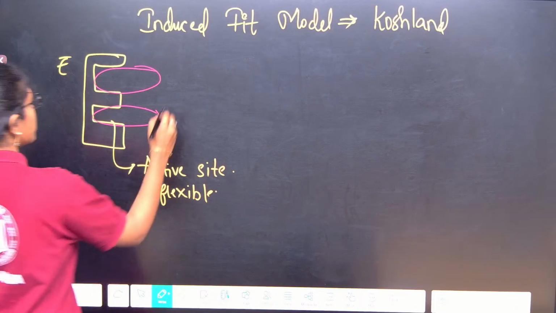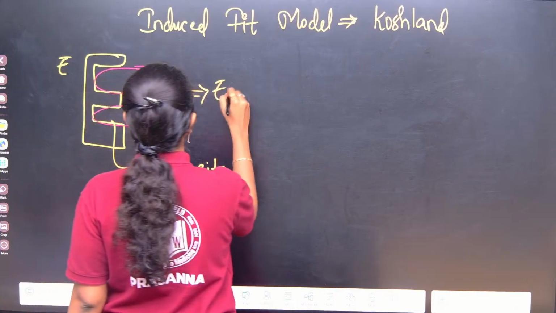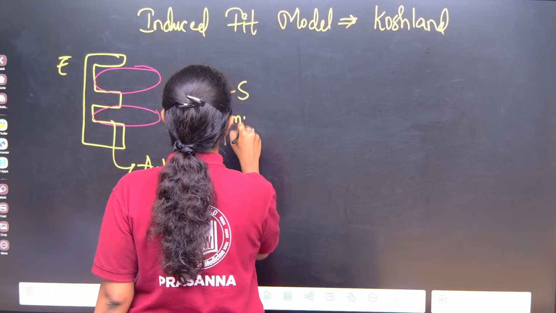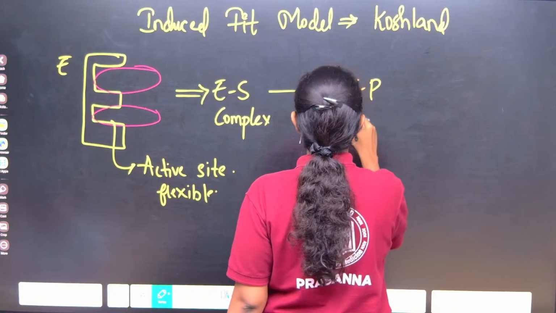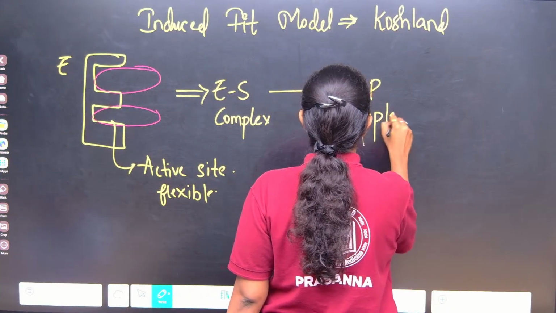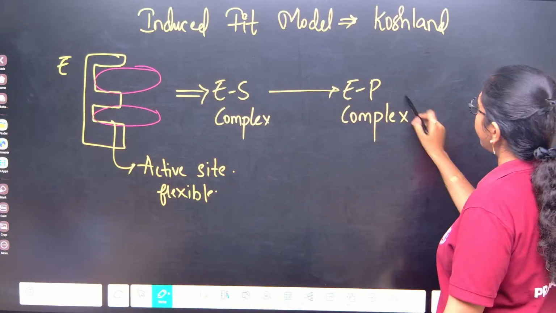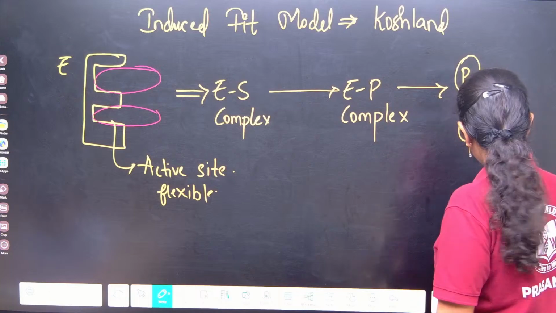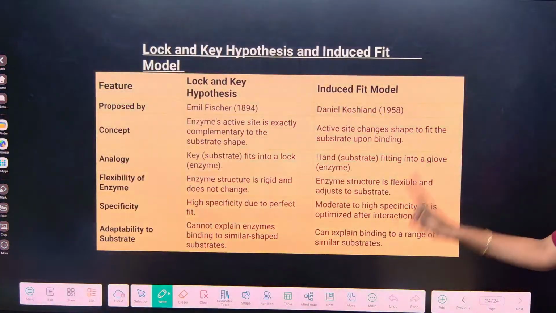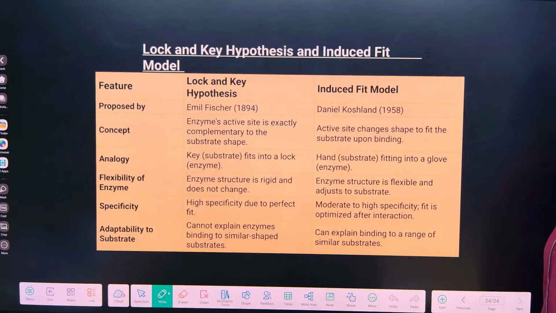As such, what is formed first? The enzyme substrate complex will be formed, then the enzyme product complex will be formed, and then the products will be released. Look at the clear differentiation between the lock and key hypothesis and the induced fit model.